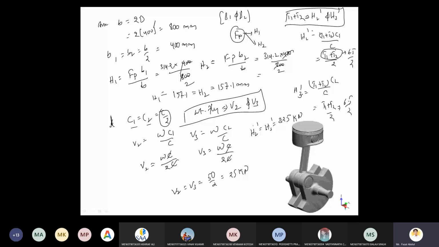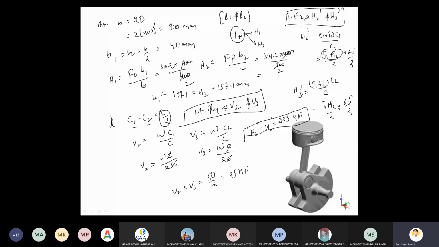Now see here, first I calculated the gas pressure. Due to this gas pressure, there will be two horizontal reactions, H1 and H2. Due to the flywheel, there will be two vertical reactions at the bearings, V2 and V3. And due to the belt tension, there will be two horizontal reactions at the belt portion, H2 dash and H3 dash.